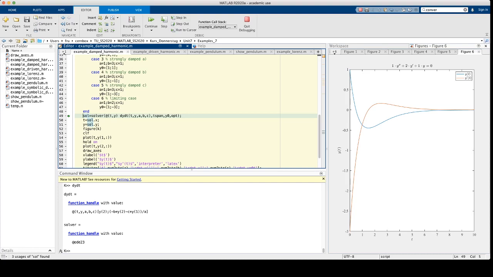So we convert this function handle to an anonymous function handle which depends only on t and y using the current values of a, b, and c. So this is the first argument to the solver. The second one is a time span. The third one are the initial conditions. And the last one are the options.